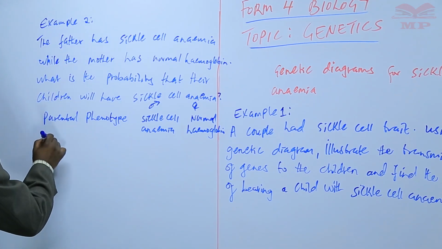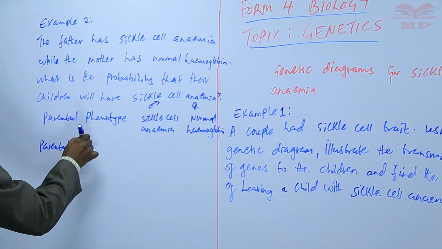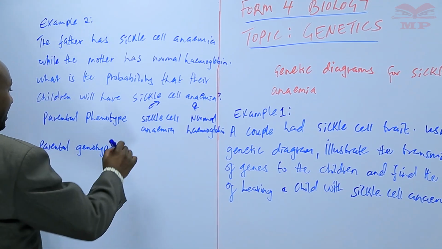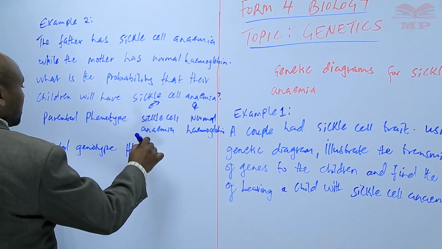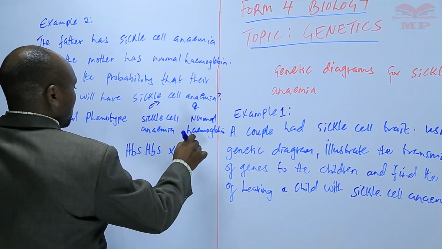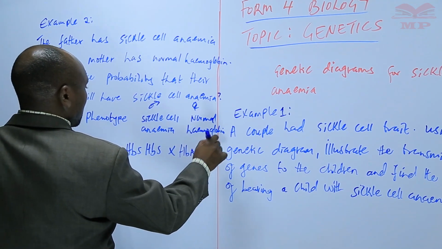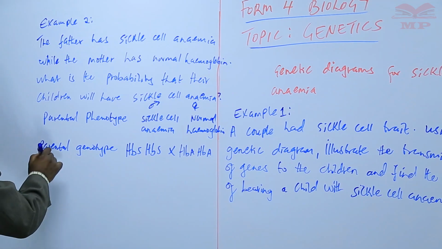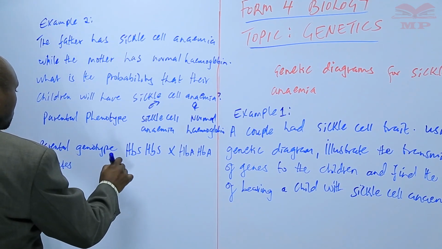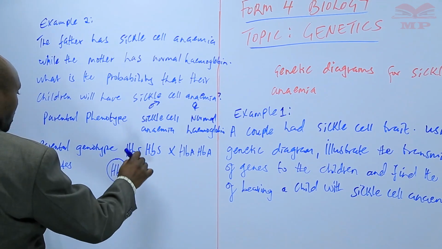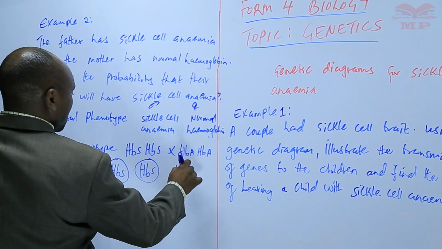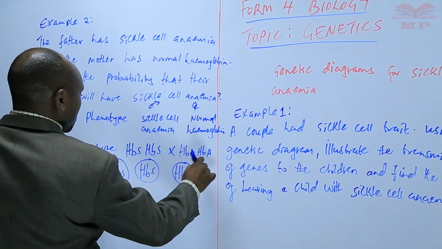Then the parental genotype. Sickle cell anemia is HbS, HbS. The normal hemoglobin is HbA, HbA. Then we do the gametes. So you have HbS and another HbS. Then we have HbA and HbA.